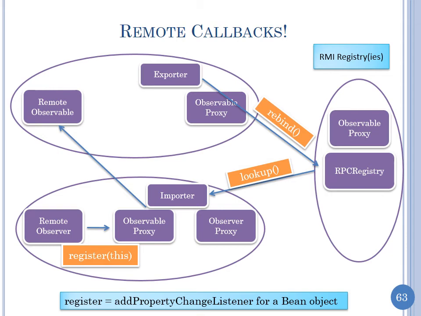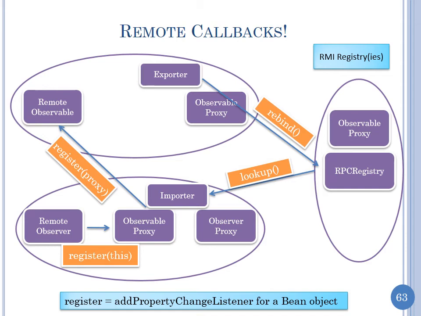So what I will do is, if you exported the object, so the remote observer exports itself and creates an observer proxy, then what gets sent is the proxy rather than the object. Just as with rebind, when you rebind an object, the object doesn't get sent. A proxy to it gets sent if the object has been exported.